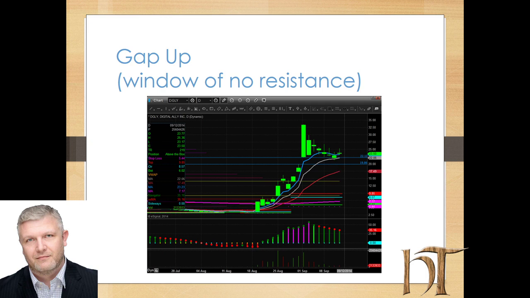So we know that 1986 is a potential area of support that we've got in that window. The catch is that the moving average is also support.